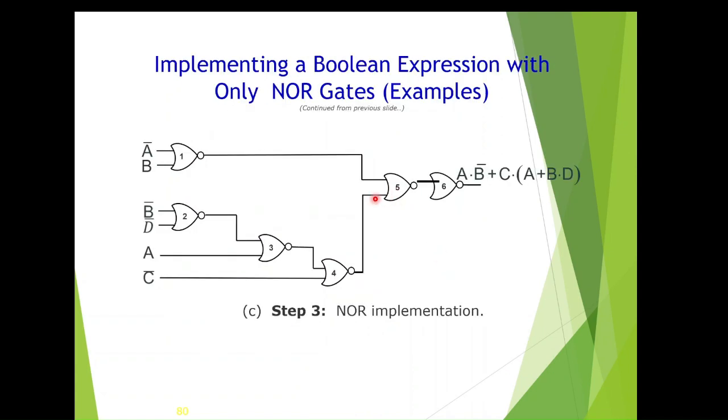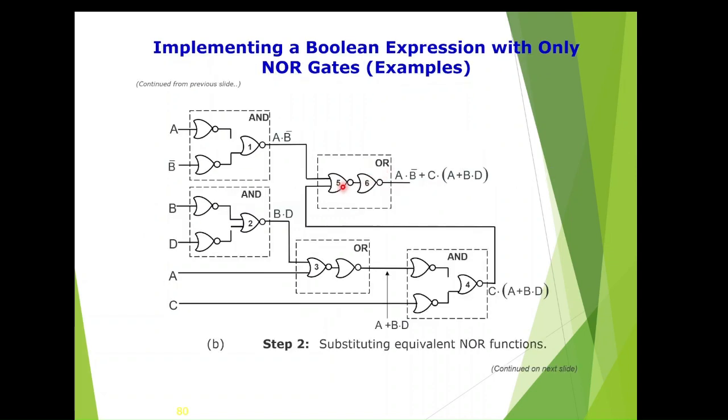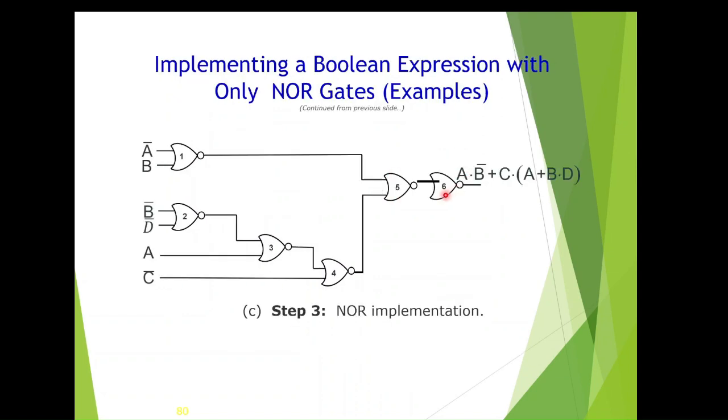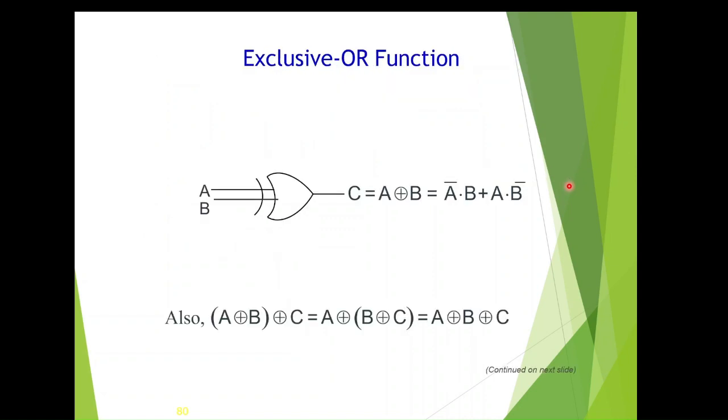And then the fifth gate also has an inverter finally, that is the sixth gate we have to implement. So that sixth gate we are drawing as an inverter. So that we will be getting this expression A dot B bar plus C into A plus B dot D. This is how we have to implement a boolean expression using NOR gates.